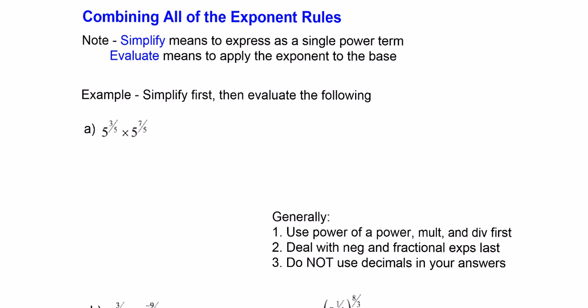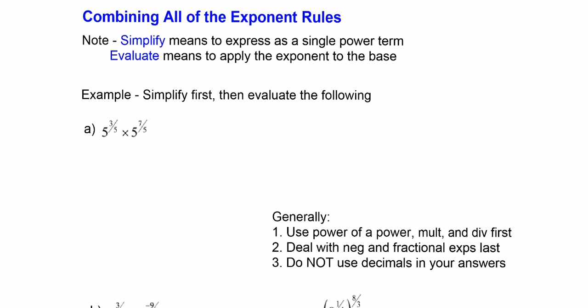So what we're going to do today is combine all of the rules that we learned before with our fractional rules as well. Let's go over this. Simplify basically means we're going to express what we have as a single power term.